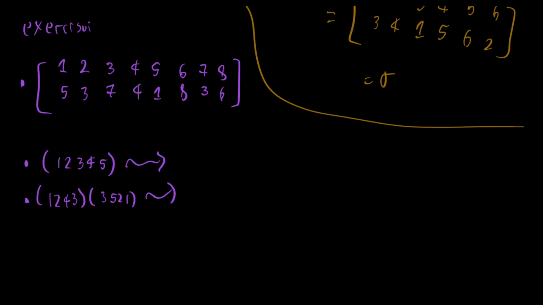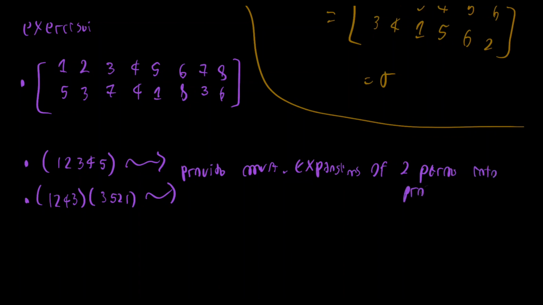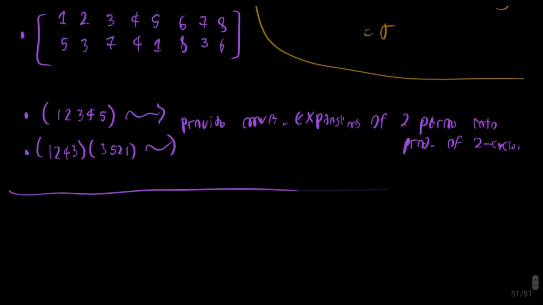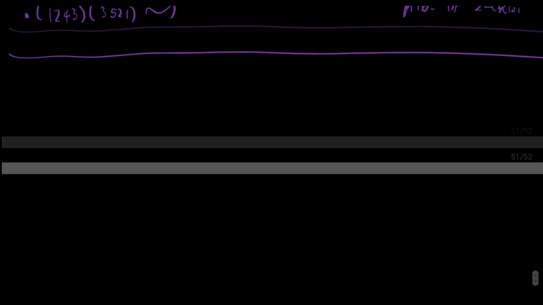In order to convince you of that, provide multiple expansions of these two permutations into products of two cycles. So you can try and do that in order to convince yourself that that is actually the case.